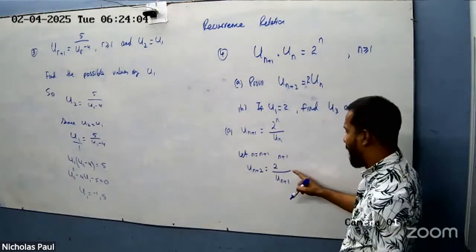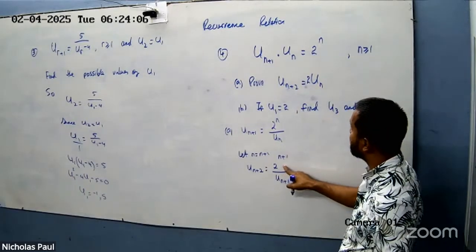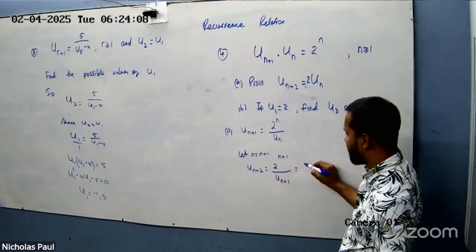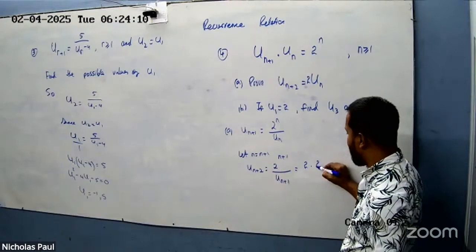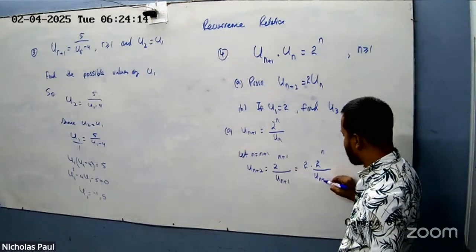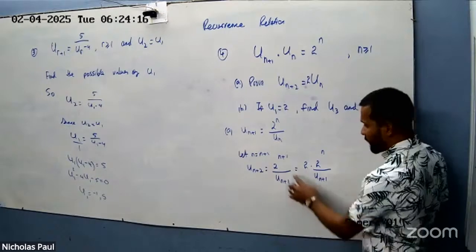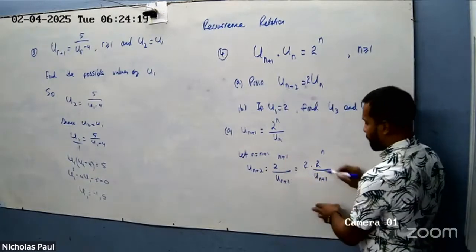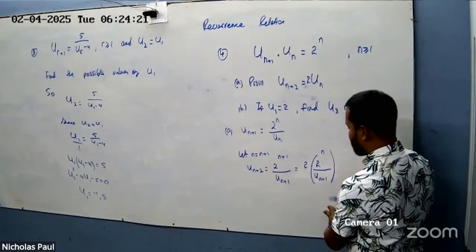Right? So I can simplify this a little bit. I can simplify this and write it like this: 2 times 2 to the n all over u to the n plus 1. Correct? Plus 1 means this, right? So I could write it like that.